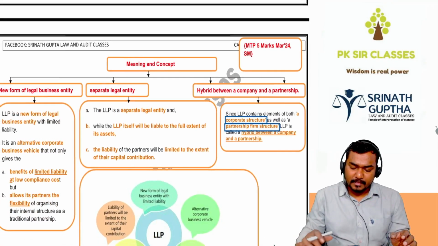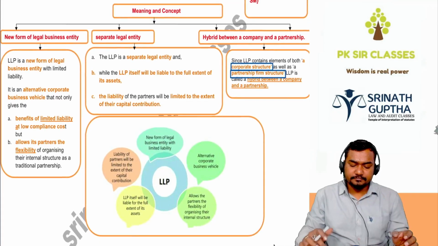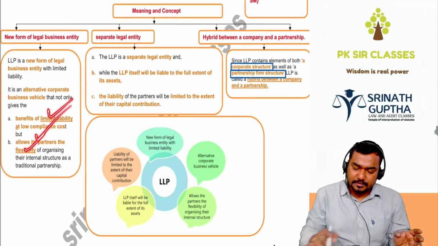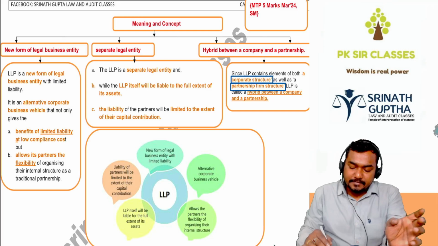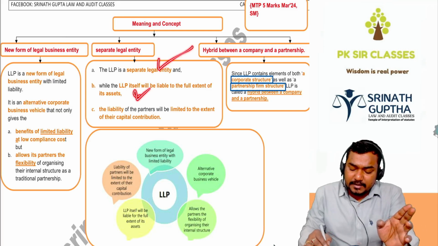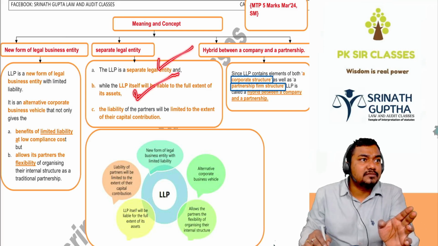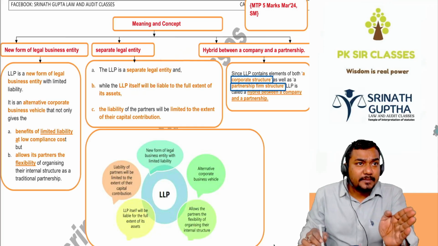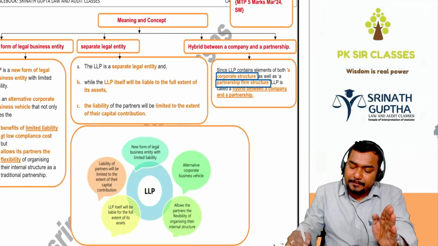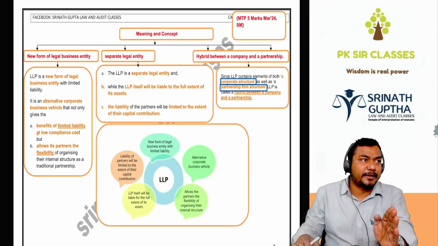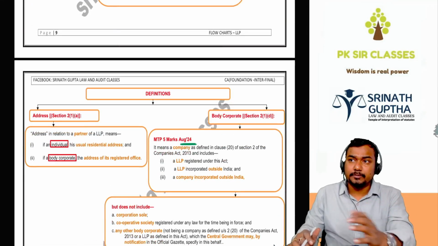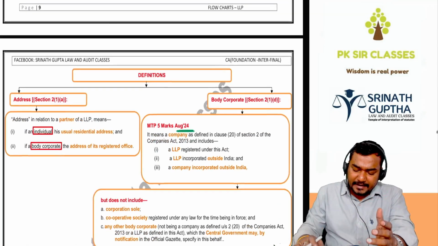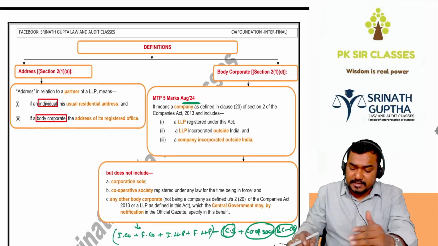Next, the same thing, it has limited liability and flexibility. So LLP is a separate legal entity. It will be liable for its own assets and liabilities. Yes or no, sir? For liabilities of the LLP, partners will not be liable. It is a hybrid between the company and the partnership, because it has the features of both partnership and the company. And from here he is asking in the exam, beta, definitions. It is coming in the exam, beta.